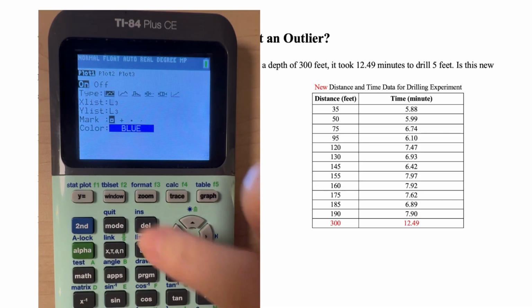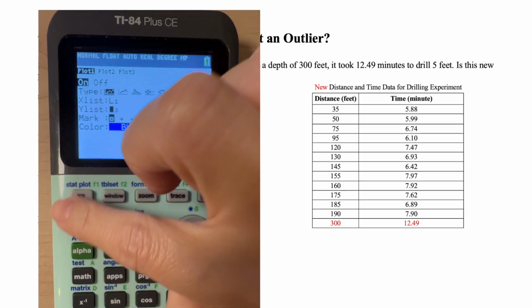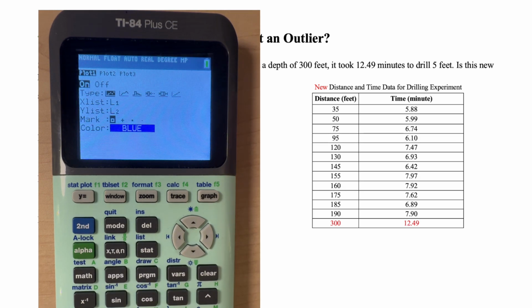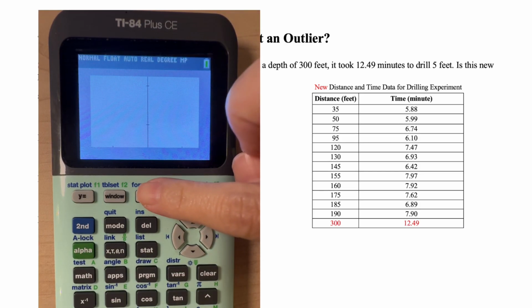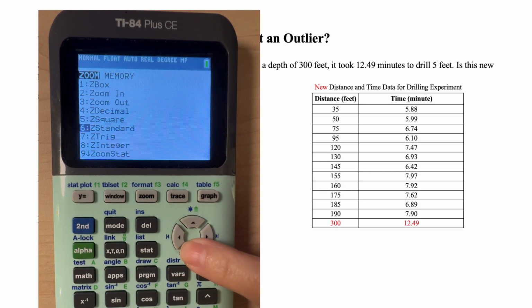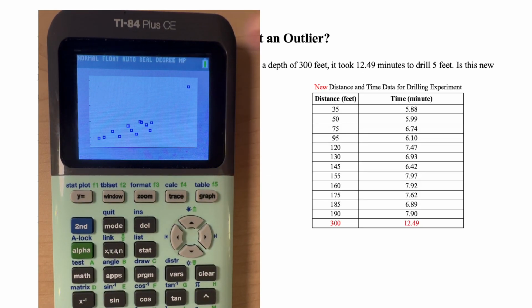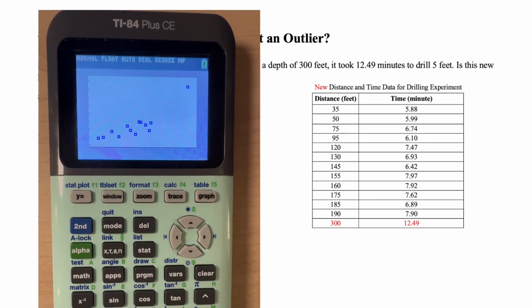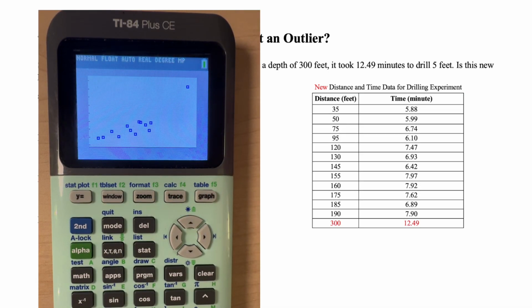X list is my L1, Second 1. Y list is my L2, Second 2. And then press Graph. I'm not in the right window, so I go to Zoom and go down to number 9. This is the scatter plot, and I want to know if any of the points here is an outlier.